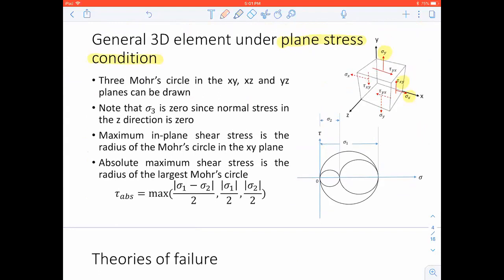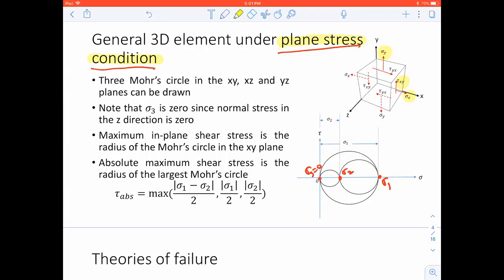But we looked at the plane stress condition where sigma z is 0. Under those circumstances, if you draw your Mohr circle, this is your sigma 1, this is your sigma 2, and your sigma 3 is 0. Why?